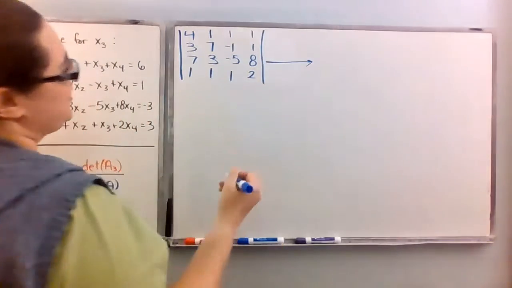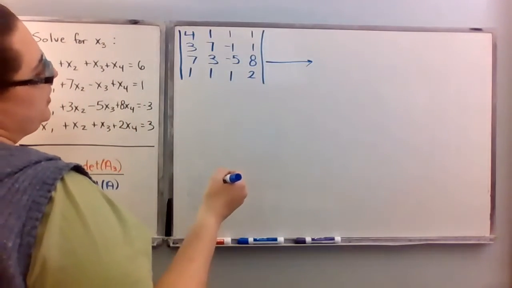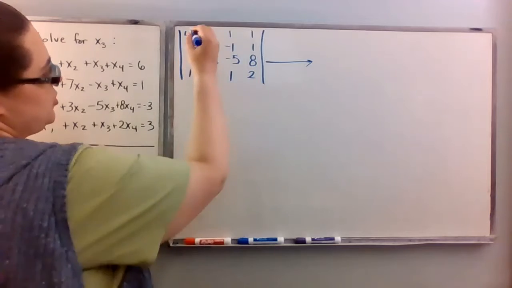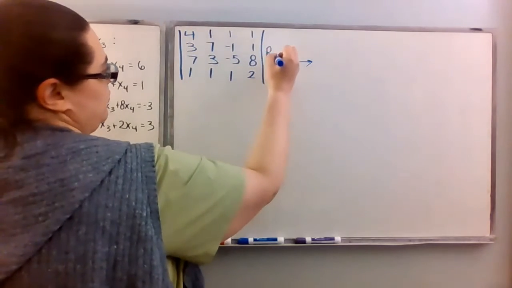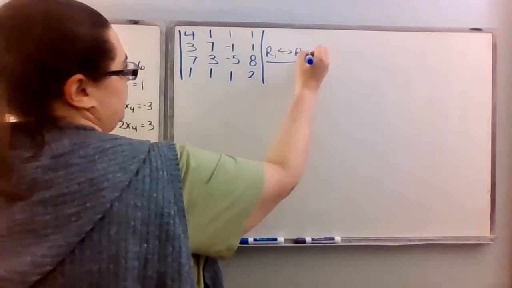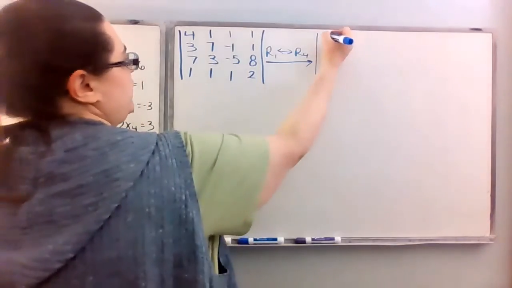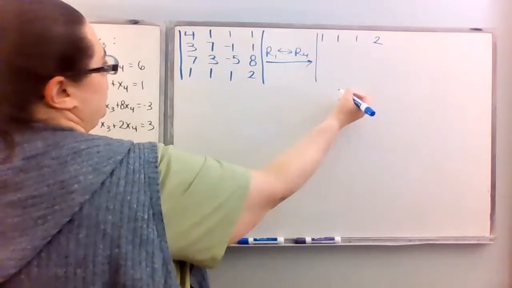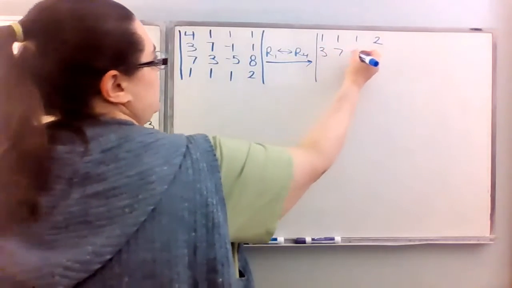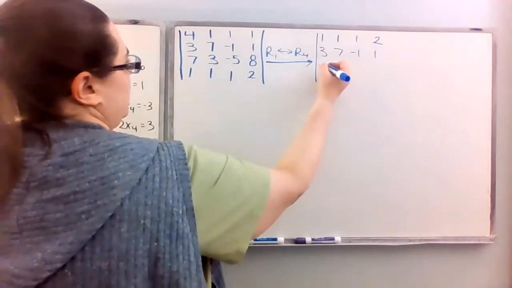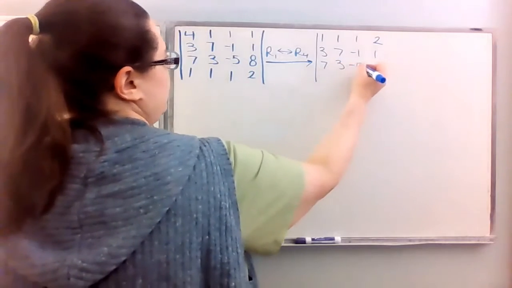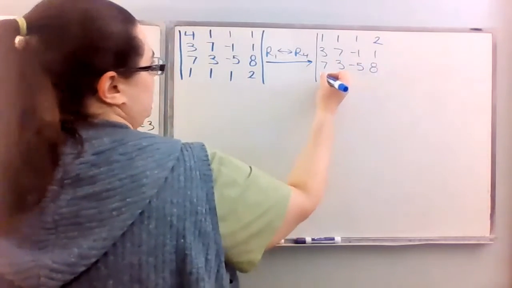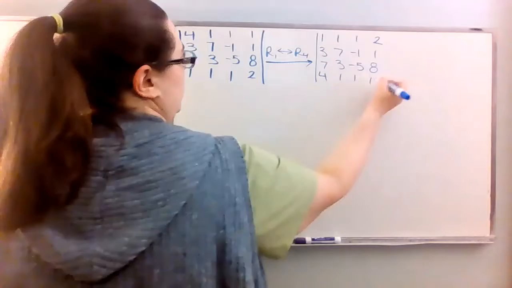So here we go, switching row 1 and 4. That gives me 1, 1, 1, 2, and then 3, 7, negative 1, 1, and 7, 3, negative 5, 8, and then 4, 1, 1, 1.